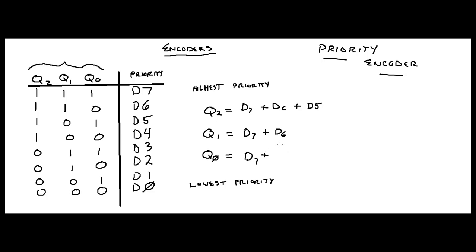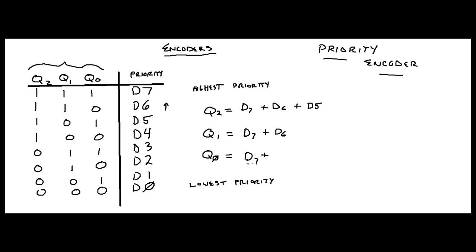Here's the thing. This is what you have to do. You got to look up towards the highest priority, right? And if you see a 0 in the column, you have to include that. Think about it. You don't want it to be active if D6 is active, do you? Because D6 has a higher priority, right?